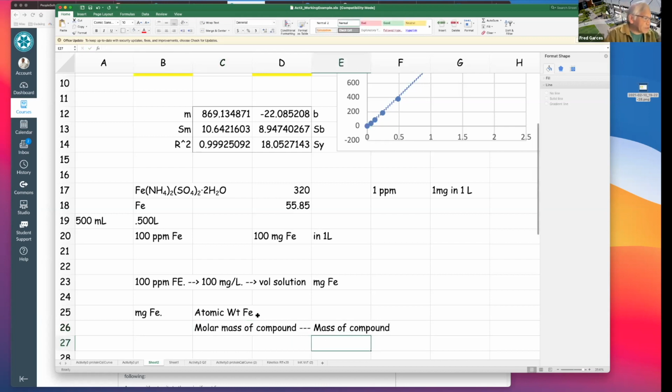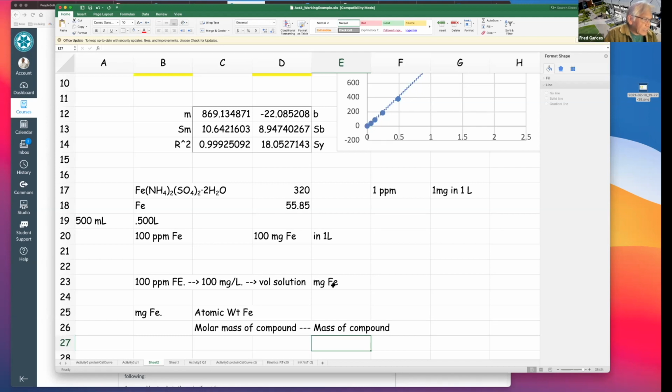Again, let me stress: the first part gives you the mass of the iron. But you can see from this formula that if you have 1 mole of iron, you also have 1 mole of that compound. So that's why you need the atomic weight of iron.